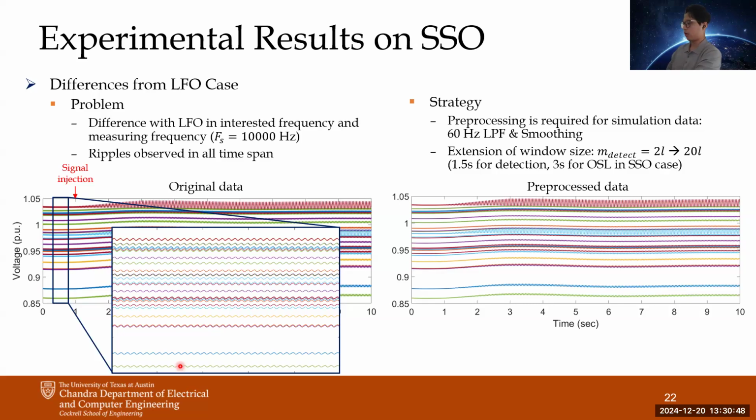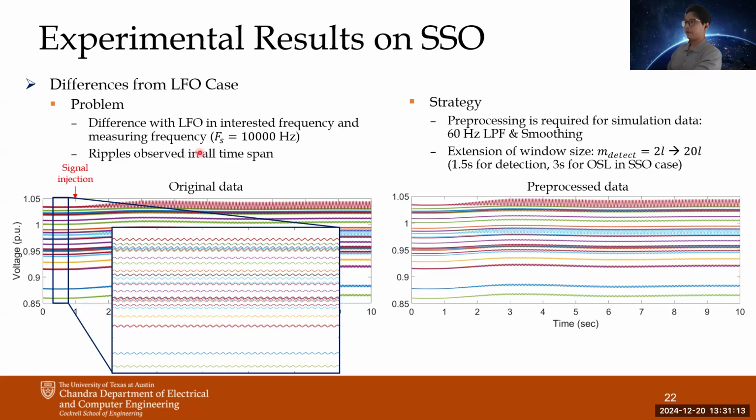So it is very hard to find the subsynchronous oscillation frequency, even when we use the FFT. Another problem is that, because of the characteristics of the PSCAD tool, voltage ripples were observed over the whole time span. That was another reason it was hard to find the subsynchronous oscillation.